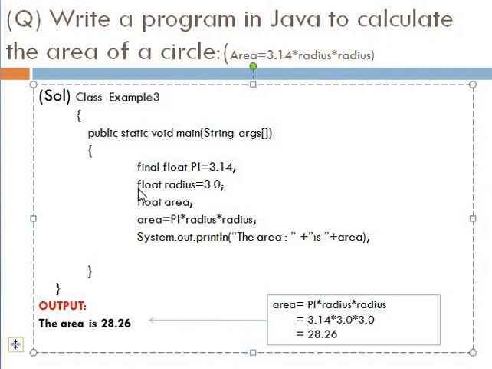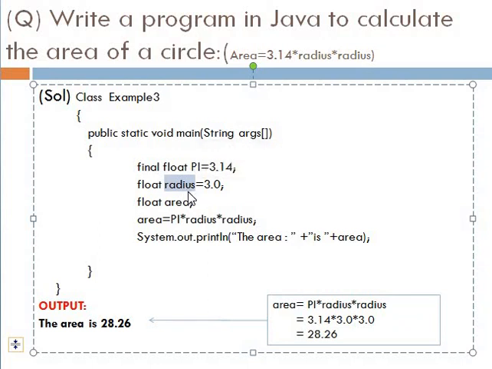Then come to the next statement. The value 3.0 has been assigned to the variable called radius. I am using the word variable to denote radius because radius here is not preceded by the final keyword.